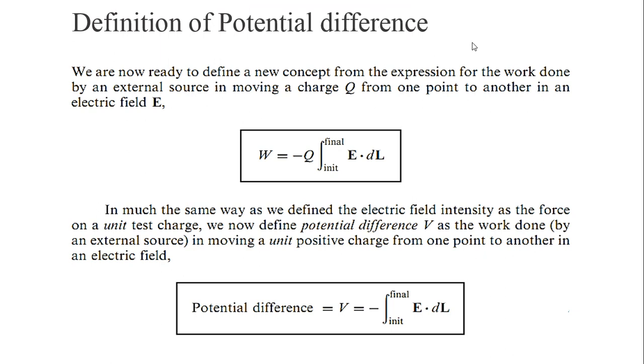As we have calculated the work over the radial path and over the circular path, let's come to the definition of potential difference. What is actually the potential difference?